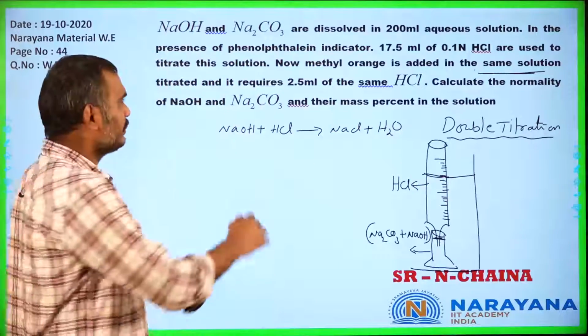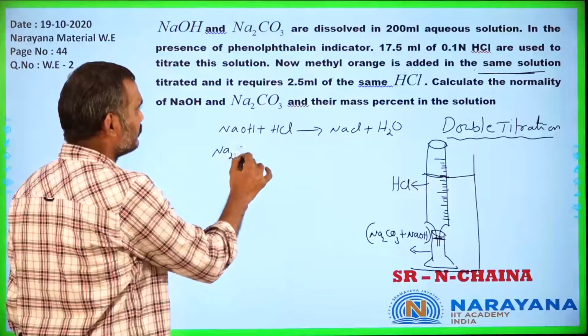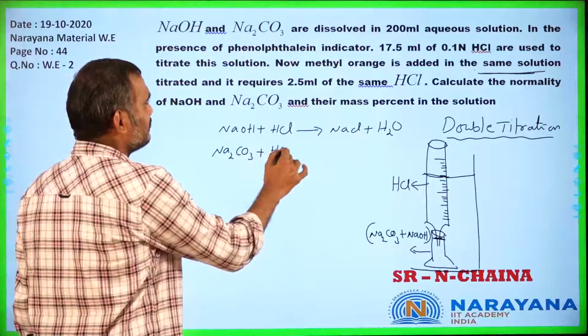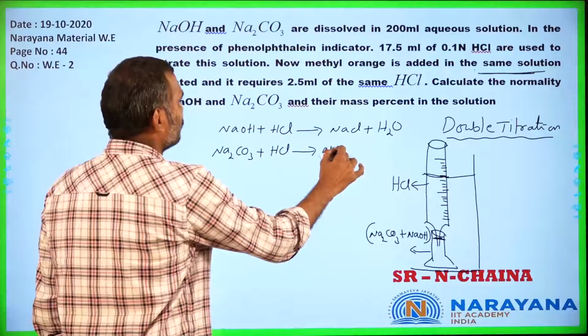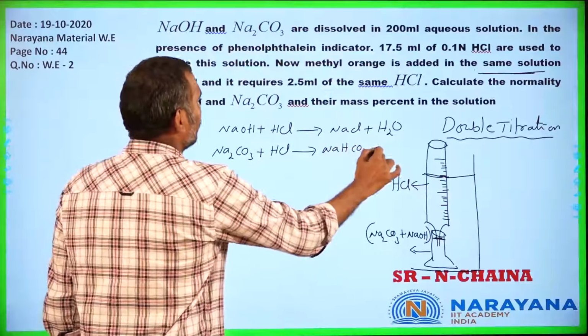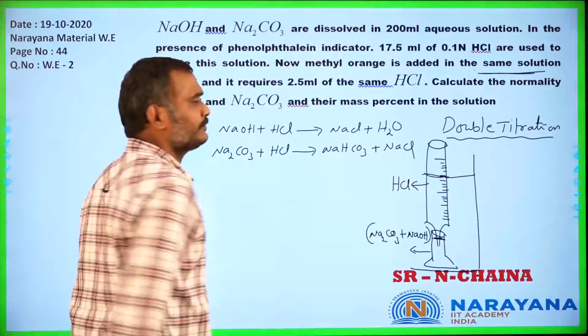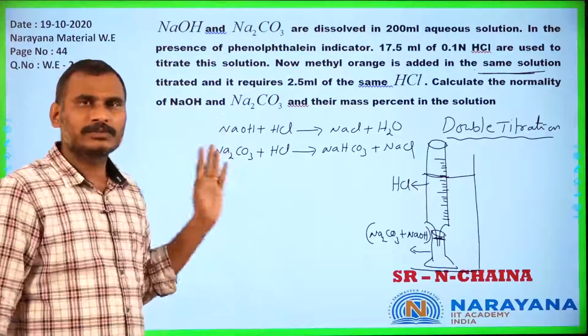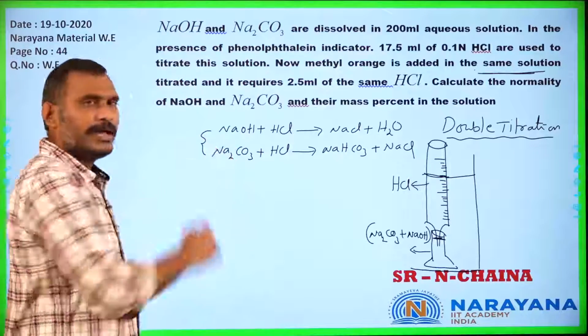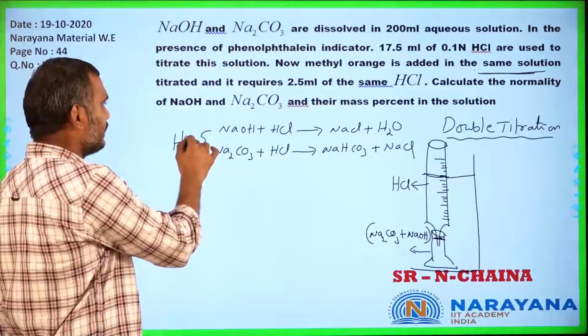Next, sodium carbonate reacts with HCl. In the first step, it forms NaHCO3 plus NaCl. These first two reactions show the end point with phenolphthalein indicator.